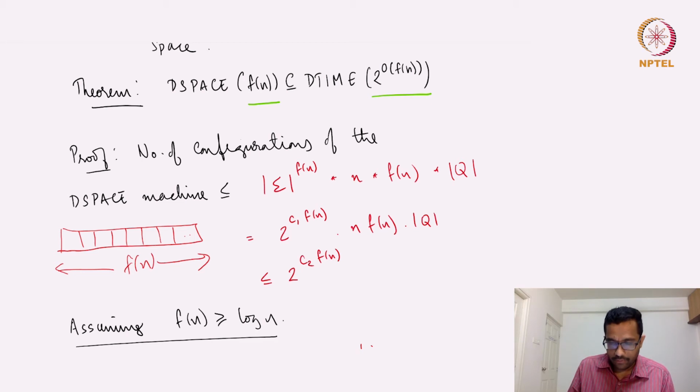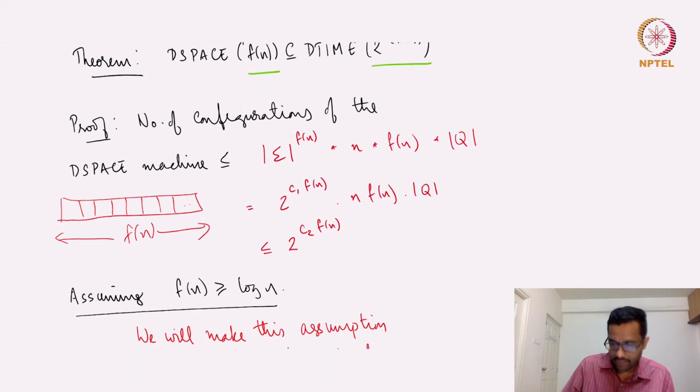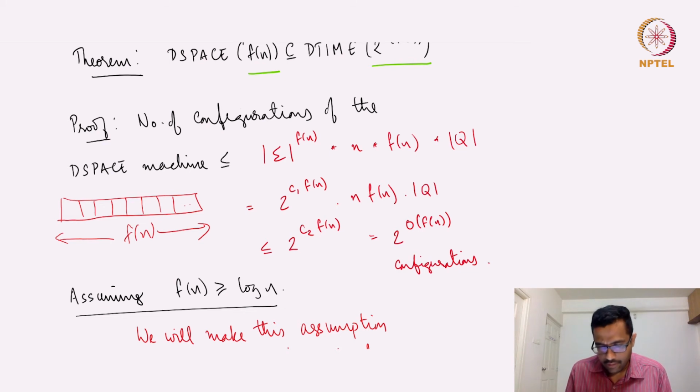So the number of configurations of the DSPACE machine is 2^O(f(n)). Those are the number of configurations of the DSPACE f(n) machine, right?